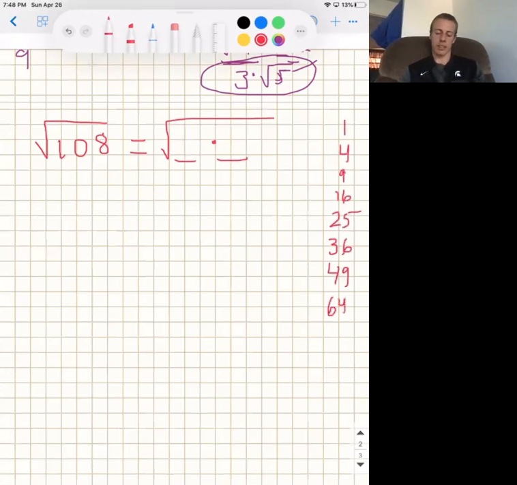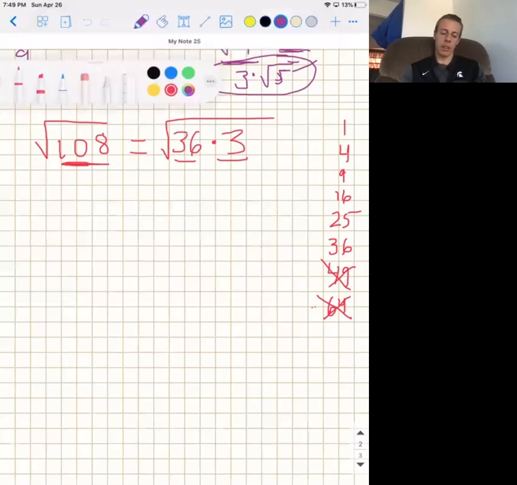One trick is to pick the biggest square that is a factor of 108. Well, 64 isn't a factor. If you double 64, it's too big, so that one's no good. 49 is not a factor either. We could try 36. 30 times 3 is 90, and 6 times 3 is 18, so that adds up to 108. So we could write this as the product of 36 times 3.